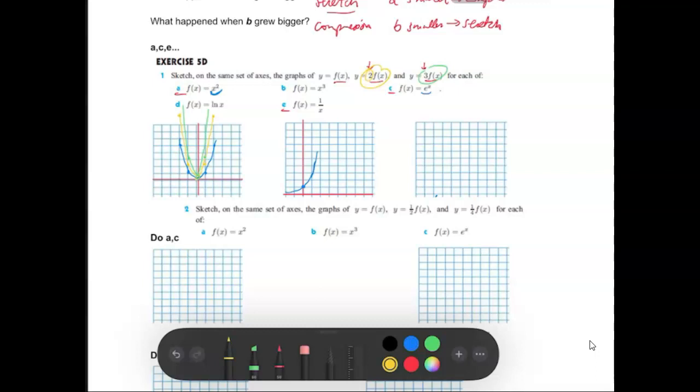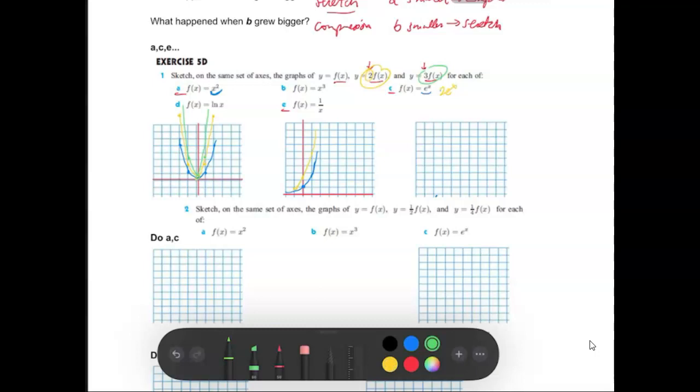And then the 2e to the x would just make every single point 2 times as far from the x-axis, something like that. So instead of crossing the y-axis at 1, it's going to cross it at 2.